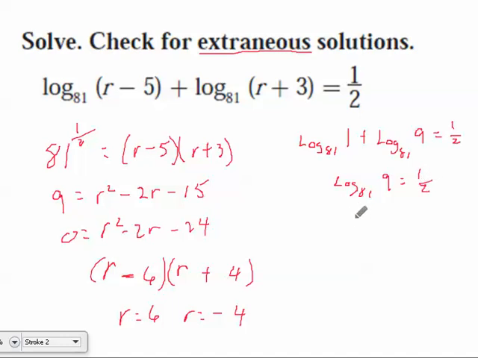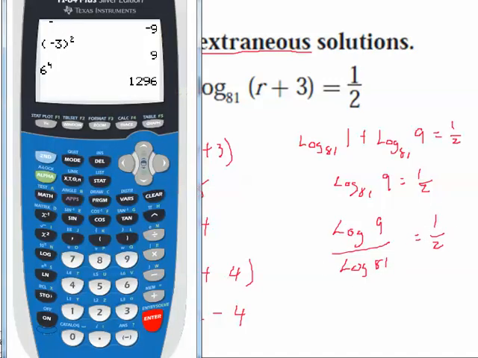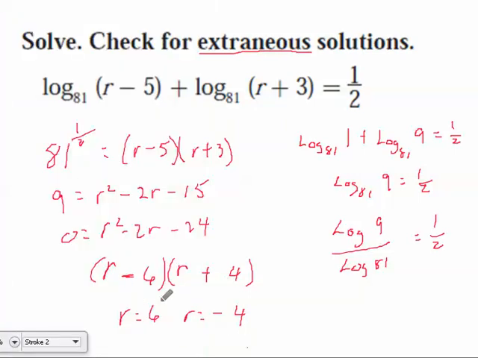Well, if I convert this using logarithms, that's log 9 divided by log 81, and they're asking, is that 1/2? That's really what it's boiling down to. So I'm going to press log 9 divided by log 81, and I get 1/2. So that one checks. So that one will be a good answer.